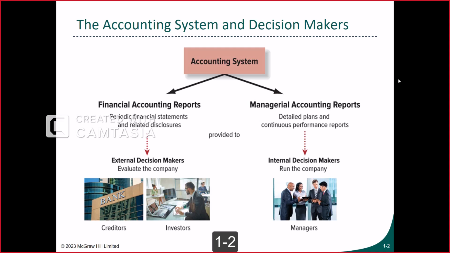For example, cost. What is the cost of the product we are selling? This is the work of managerial accounting. Financial accounting is dedicated to preparing financial statements, and the financial statements are actually prepared for external use, not for internal users. Any questions so far?